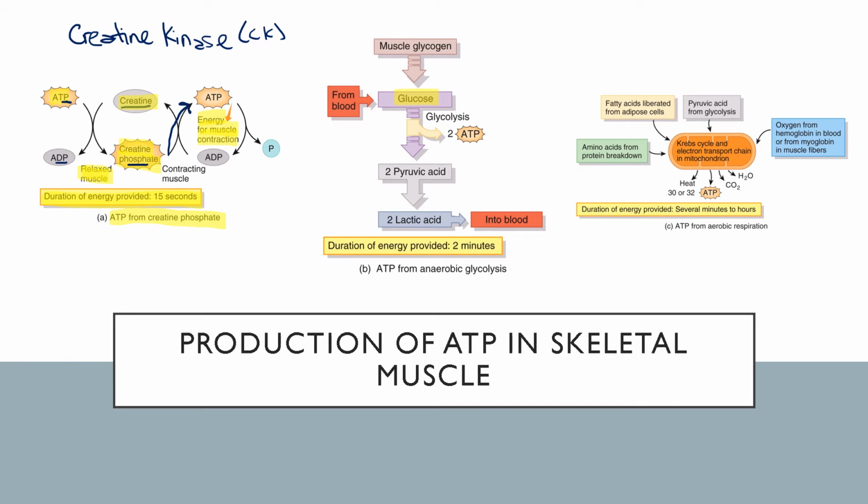So glucose passes quite easily from the blood into contracting muscle fibers, and this is by facilitated diffusion. And we also get glucose from the breakdown of glycogen within muscle fibers. So there are two different pathways to get glucose here. Now, the entire process by which the breakdown of glucose gives rise to lactic acid when oxygen is absent or at low concentrations is referred to as anaerobic glycolysis.